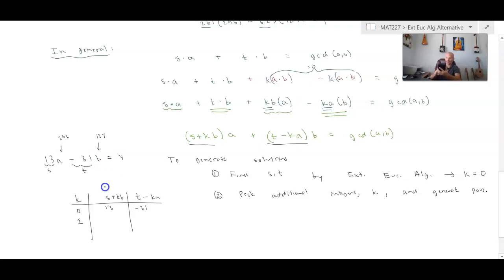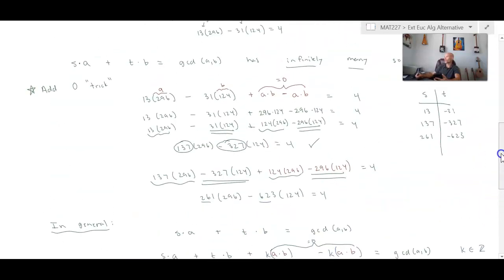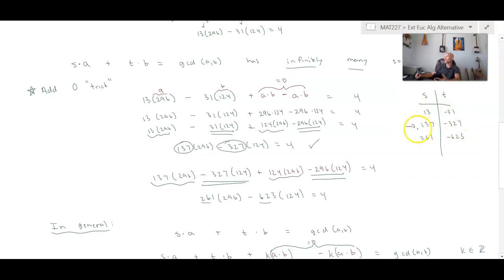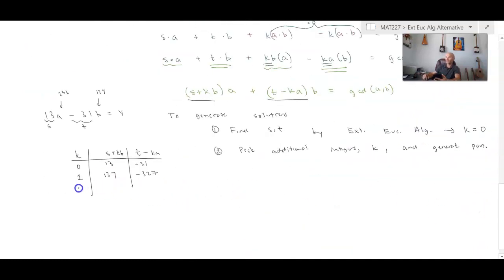If I take 13 plus 1 times 124, I get 137. And if I take t, which is negative 31, minus 1 times a, which is 296, I get negative 327. Now that's consistent with what we came up with here. This was just for one iteration, k equals 1. And I can repeat this indefinitely.